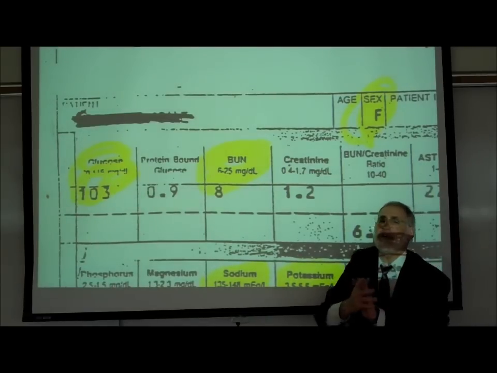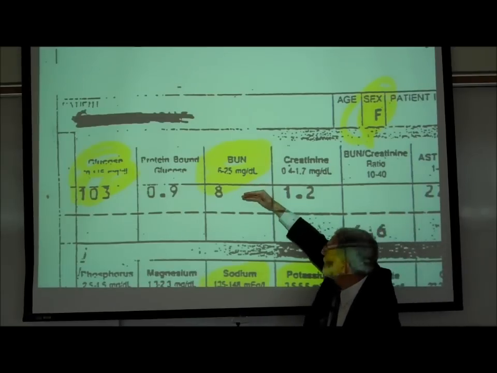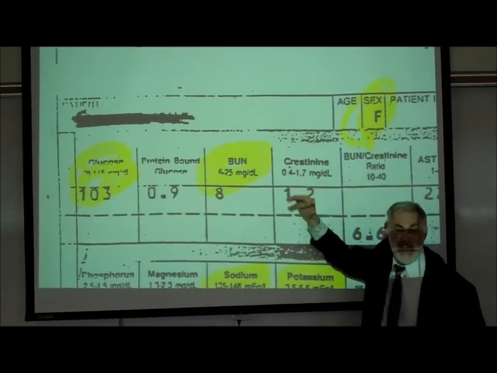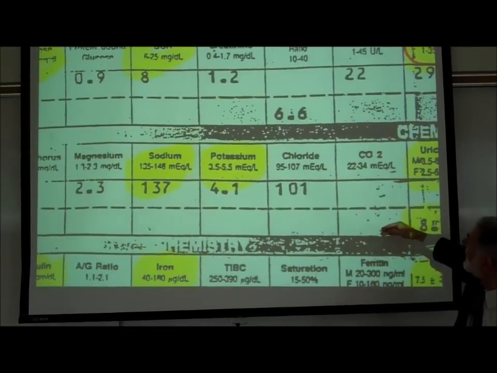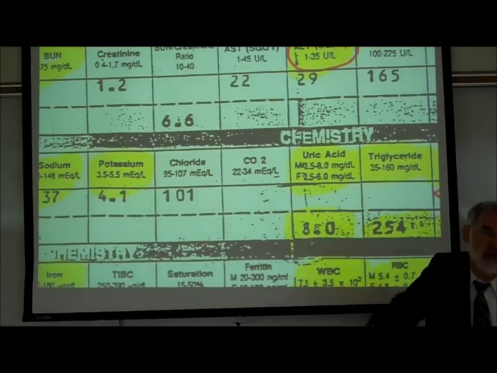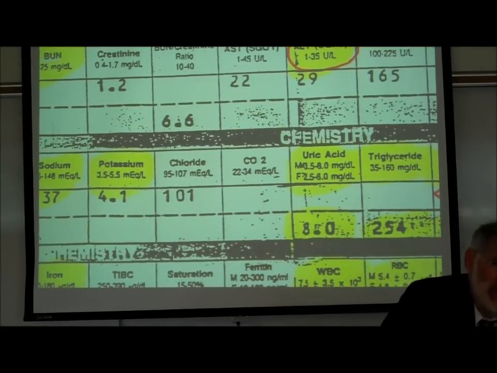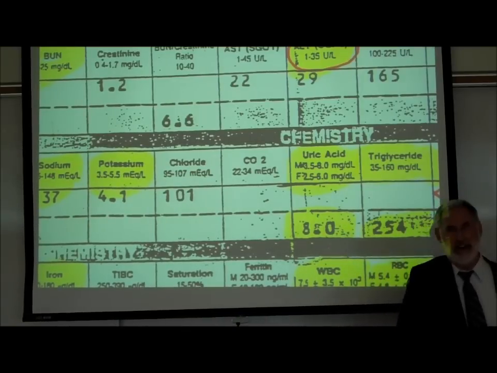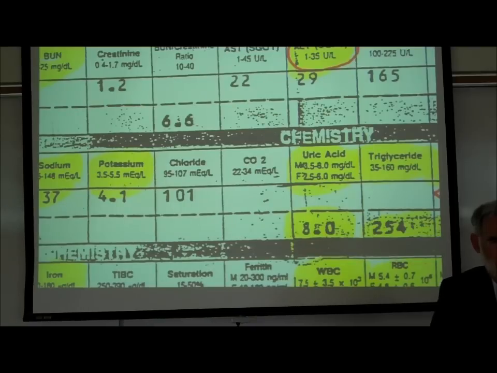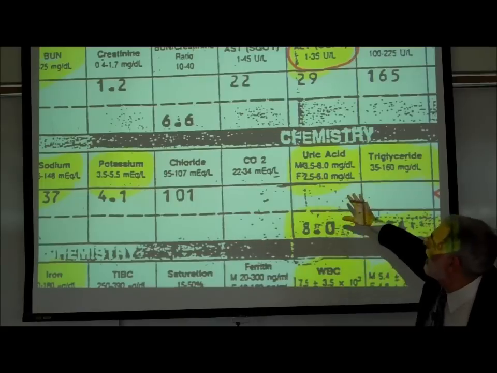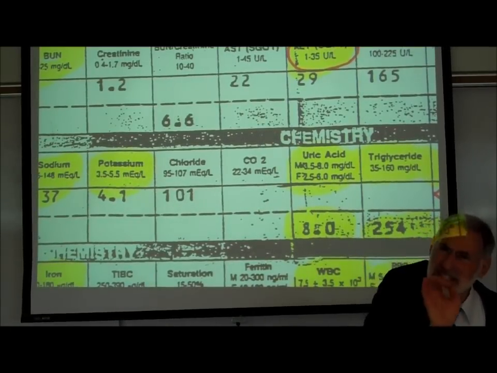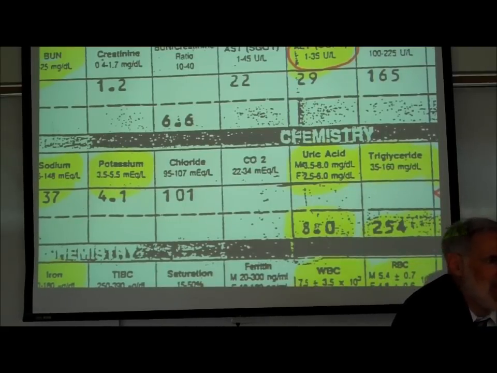What do you think it would mean if her urea level in her blood was higher than normal, her creatinine level was higher than normal, and her uric acid level was higher in her bloodstream than normal? What most likely explains that? Kidney failure. If only one of the waste products, like uric acid, is higher than normal, then it's a specific disorder related to uric acid.